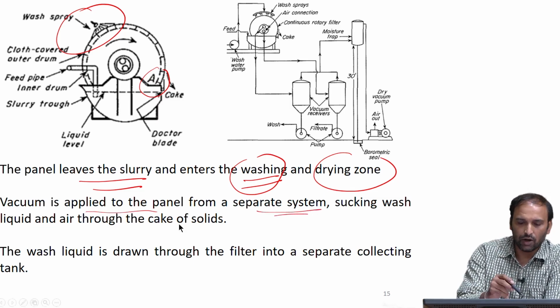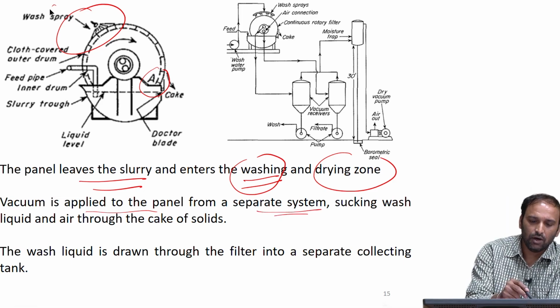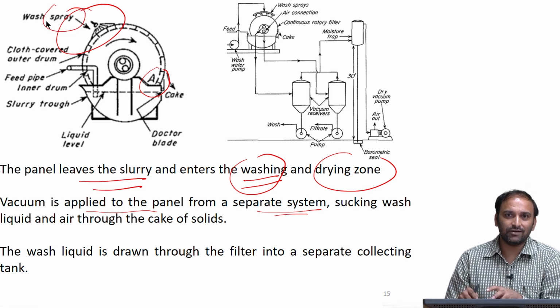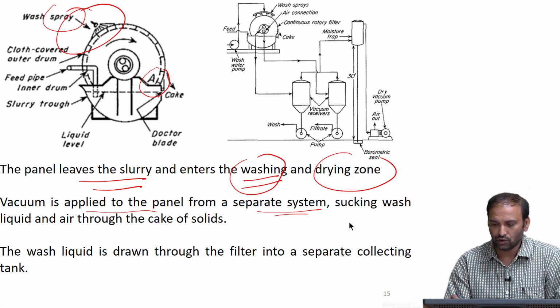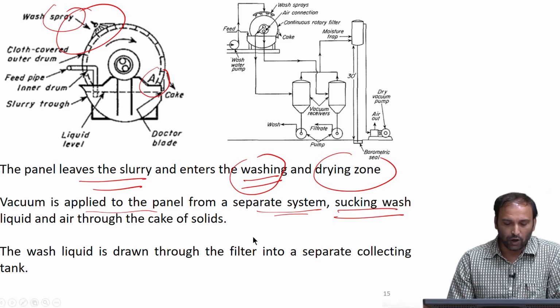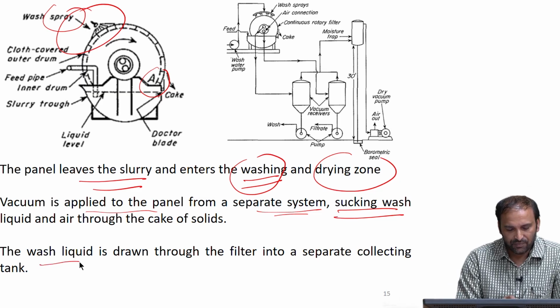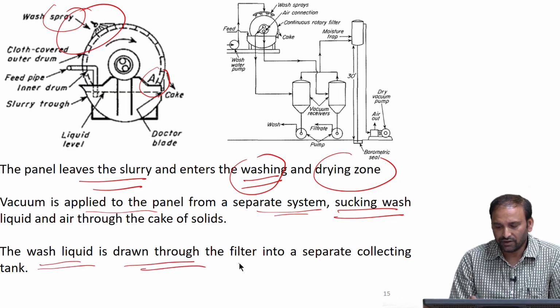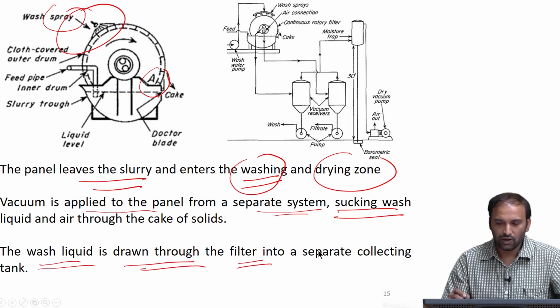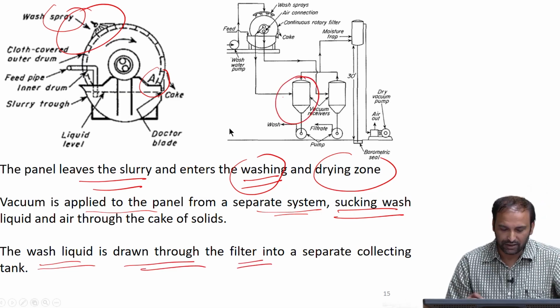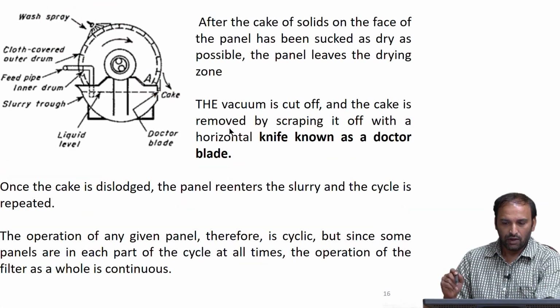Once you have used a wash liquid, I would like to drain out whatever wash liquid is also entrained within the filter cake. So, again I would have to suck out all the wash liquid. For that you have a separate arrangement, and the wash liquid is drawn through the filter into a separate collecting tank, a tank for collecting the wash liquid.